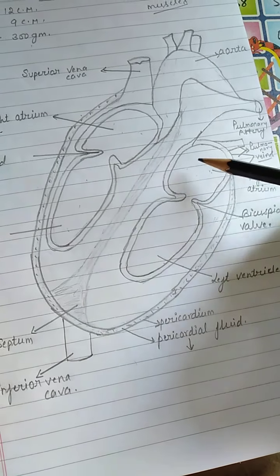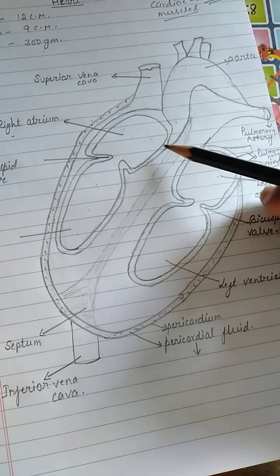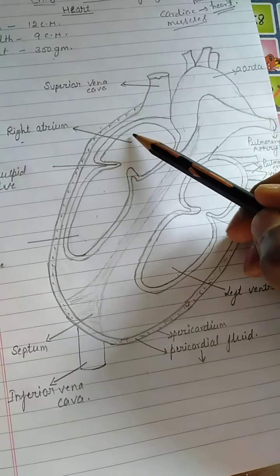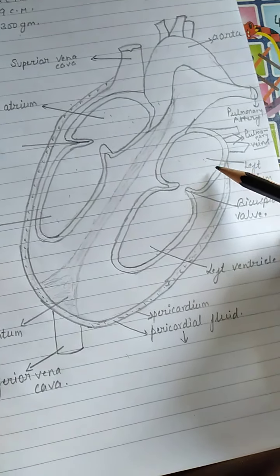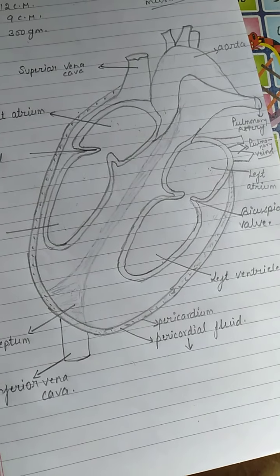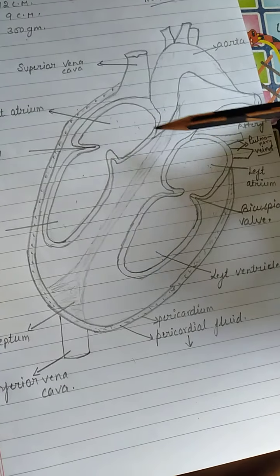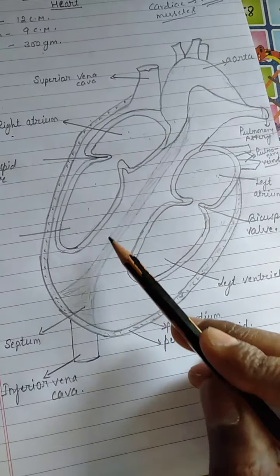Why are these known as receiving chambers? Because these both the chambers receive the blood. Right atrium and left atrium receive impure blood, deoxygenated blood. That is why they are known as receiving chambers, and the size of the chambers are small as compared to ventricles.